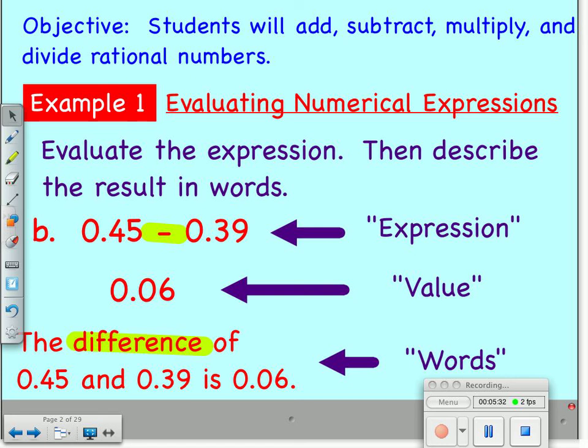So the only thing you need to write again is anything below the blue line, and I'm going to make a blue line for you. You can go ahead and pause the video now, write letter B and everything that's with letter B, and then press play again when you're ready.